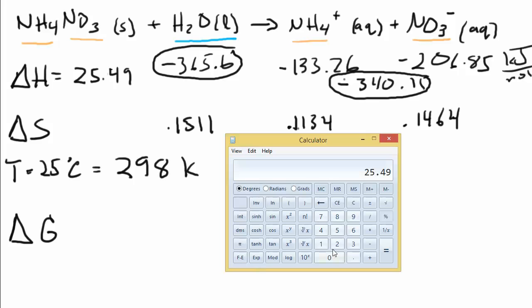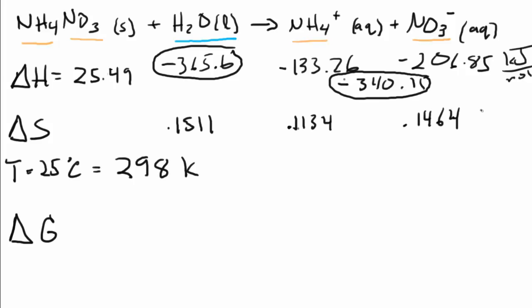So let me grab the calculator, clear this out. What do we have? We've got 0.1464 plus 0.1134. That equals 0.2598. And that's my sum for the products of my entropy.